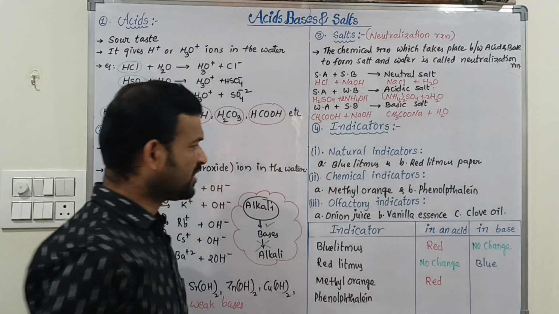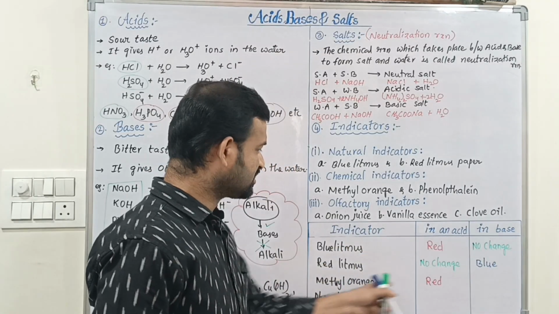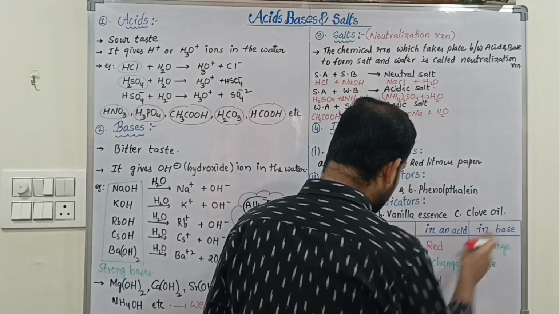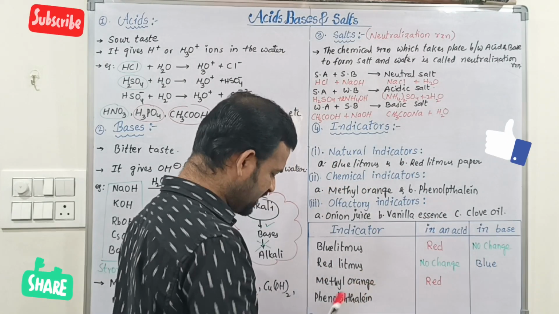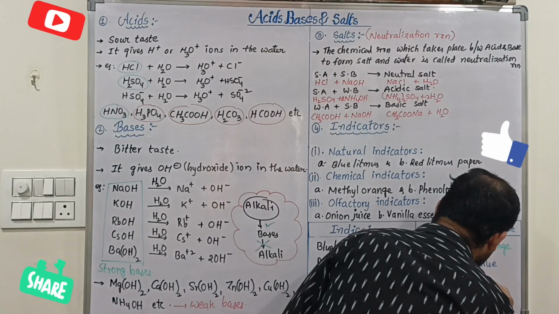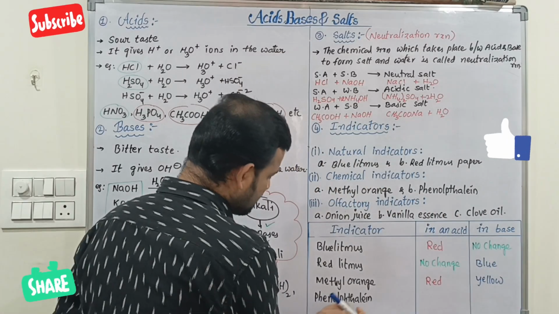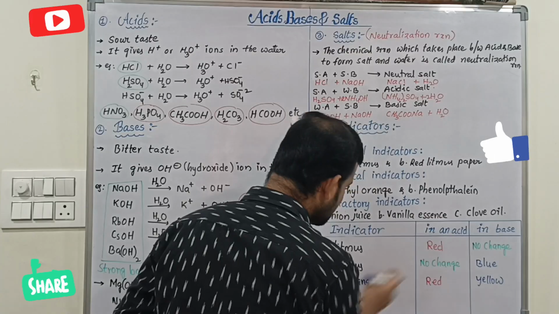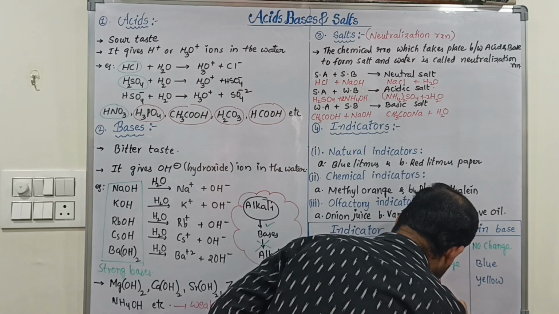If we add 2 or 3 drops of methyl orange indicator to acid, it will change into red color. If we add a few drops of methyl orange indicator to base, what will happen here? Tell me. Yellow color. Next, phenolphthalein indicator: if we add it to acid, colorless.